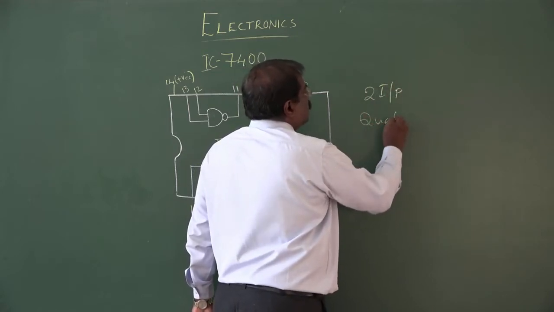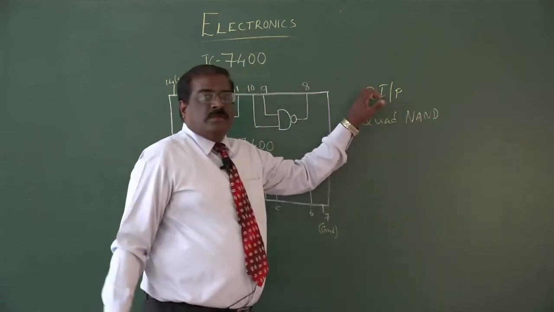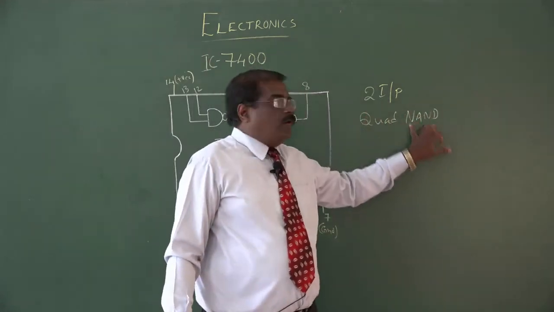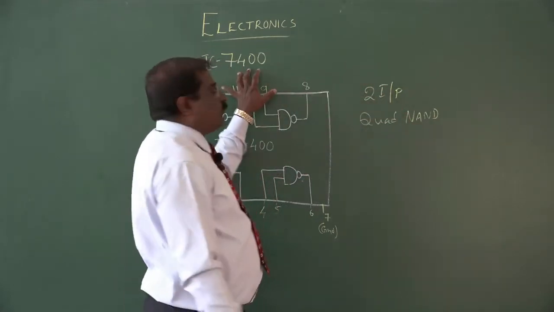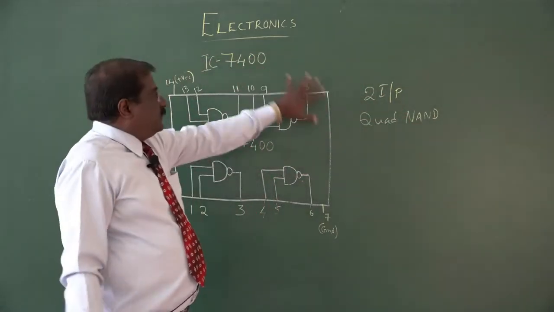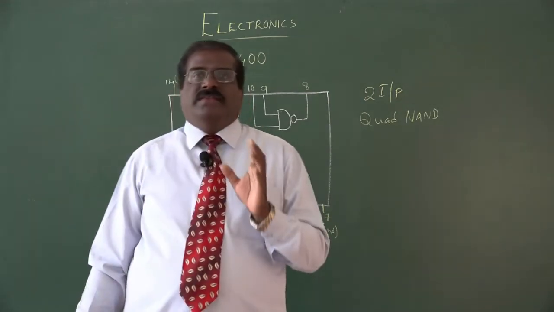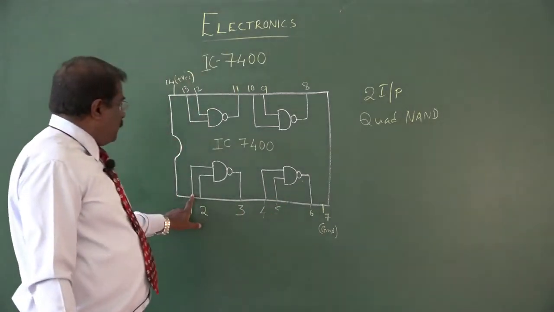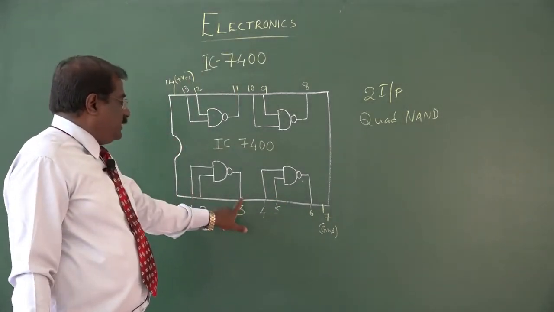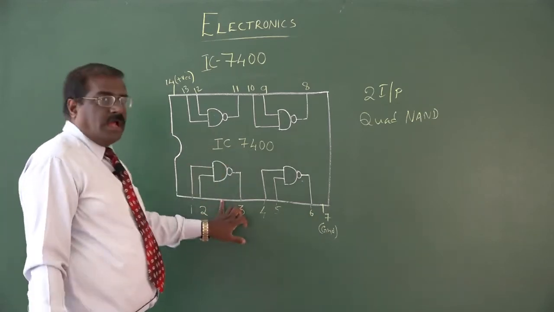That means 4 NAND gates of 2 inputs each are available in the IC 7400. So this picture shows the IC pin diagram of IC 7400. Here pin numbers 1 and 2 represent the inputs of the NAND gate, and 3 will be the output.